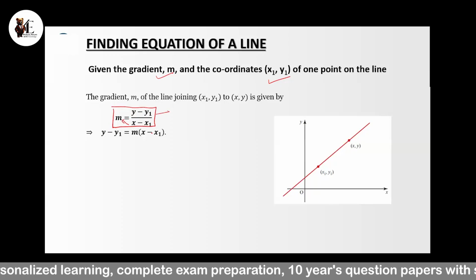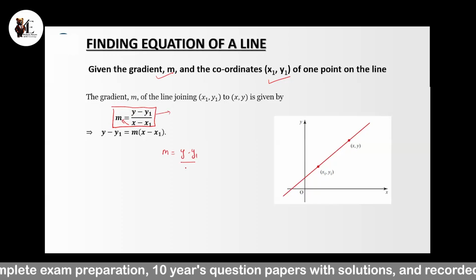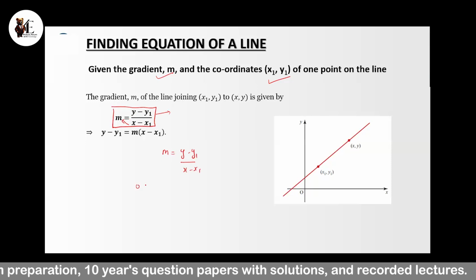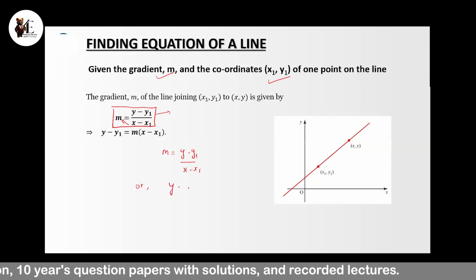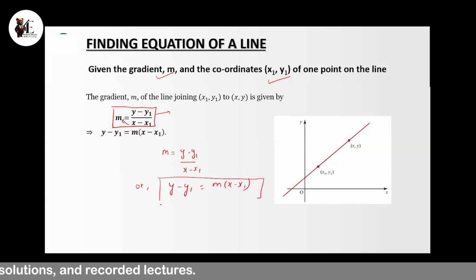So just remember this one, that m is equals to y minus y1 over x minus x1, or you can remember that as well, that y minus y1 is equals to m times x minus x1. Now you have to substitute the values only. You will get the equation of the line.